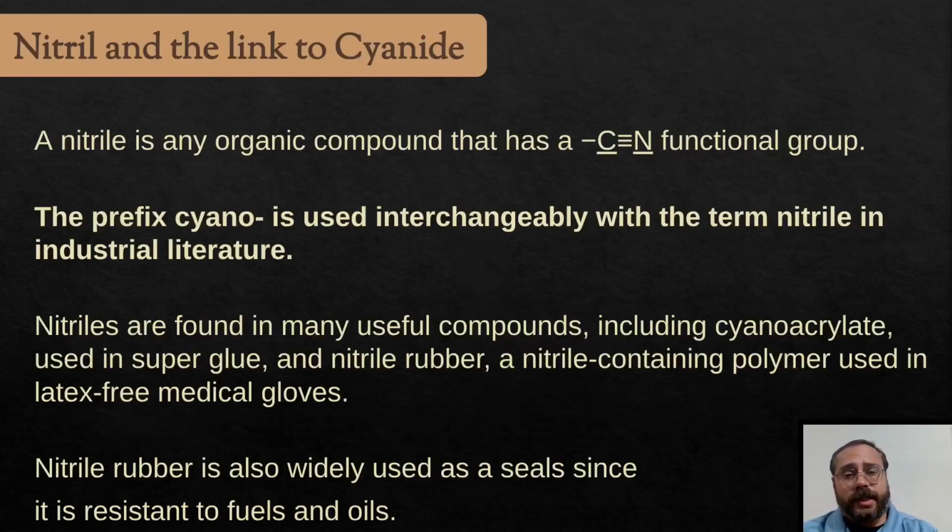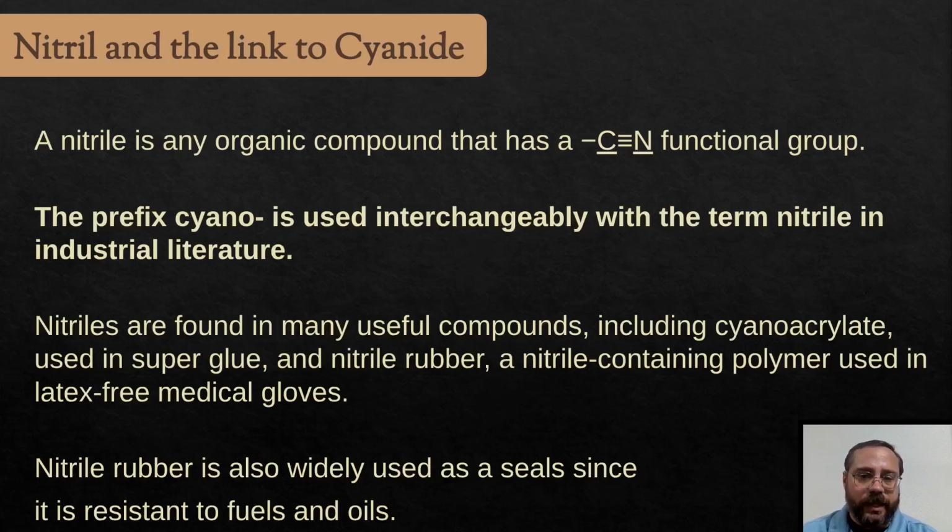So, nitriles and the link to cyanide. And this is one of those things I really didn't understand until I started doing the research. A nitrile is a specific chemical functional group. We have a carbon, we have a nitrogen, we have a triple bond. A nitrile is an organic compound that has that functional group in it.